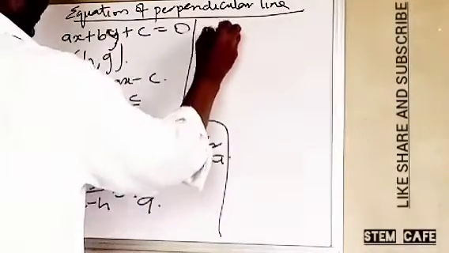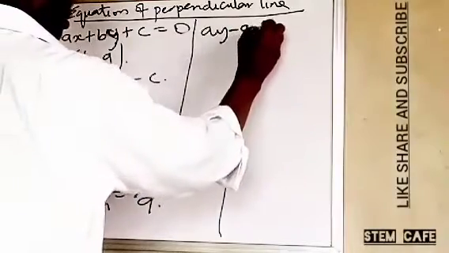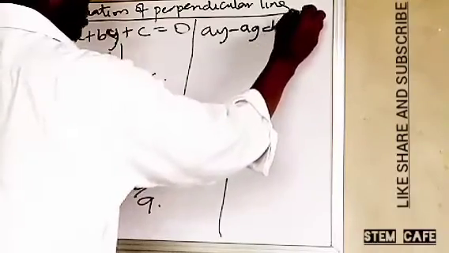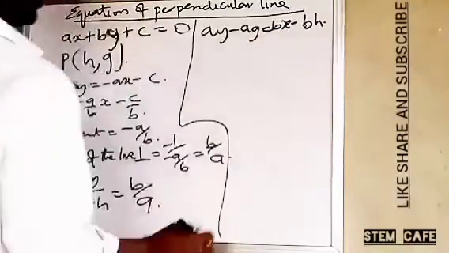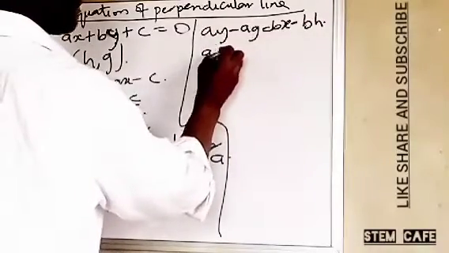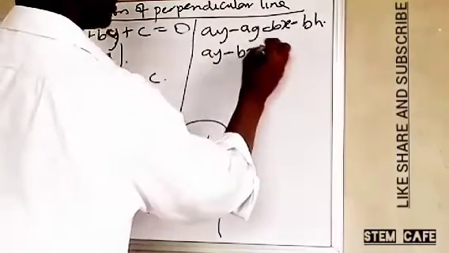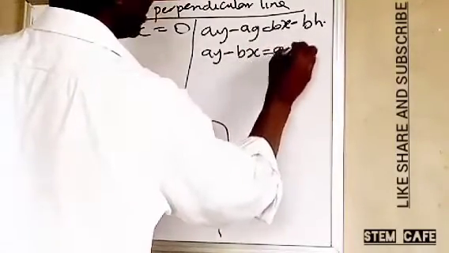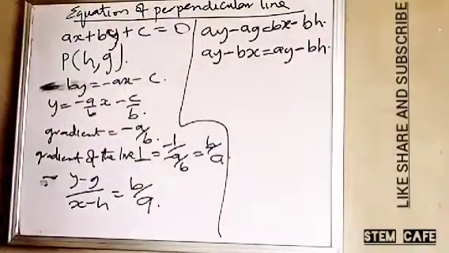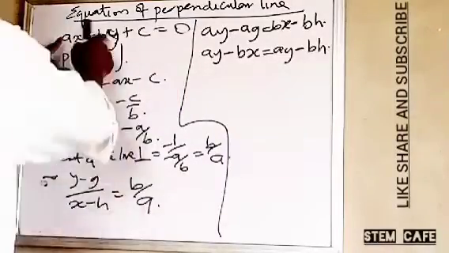Therefore, ay − ag is equal to bx − bh. So I have ay − bx is equal to ag − bh.